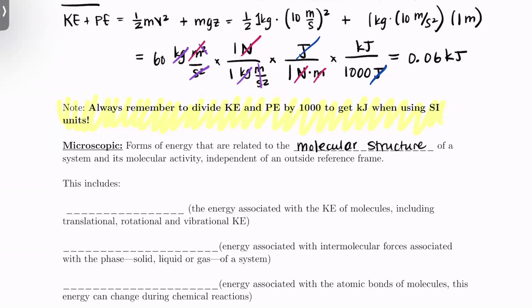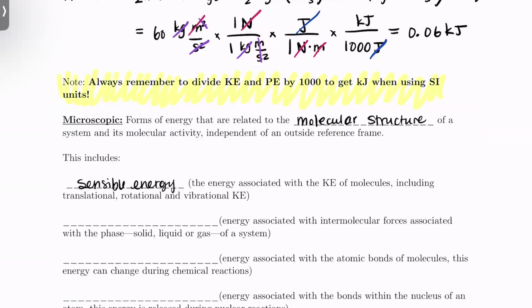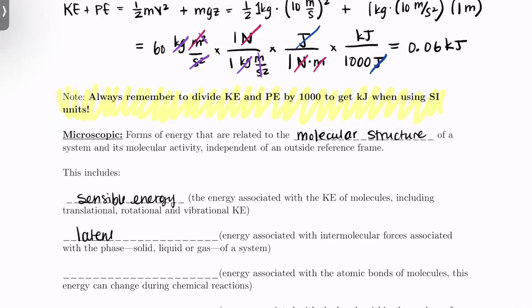This includes things like sensible energy, which is essentially the kinetic energy of molecules, including translational, rotational, and vibrational kinetic energy of those individual molecules. We also have latent energy, which is the energy associated with intermolecular forces. So this is dependent upon the phase, whether it's solid, liquid, or gas of that material in the system.